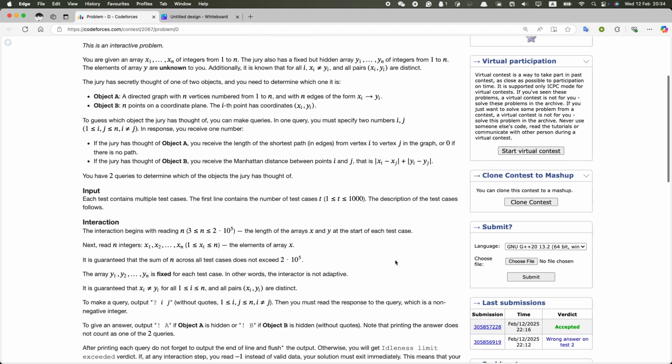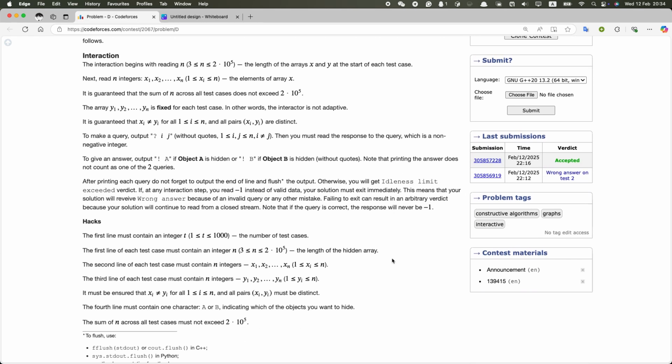So we need to think how to find very useful queries.